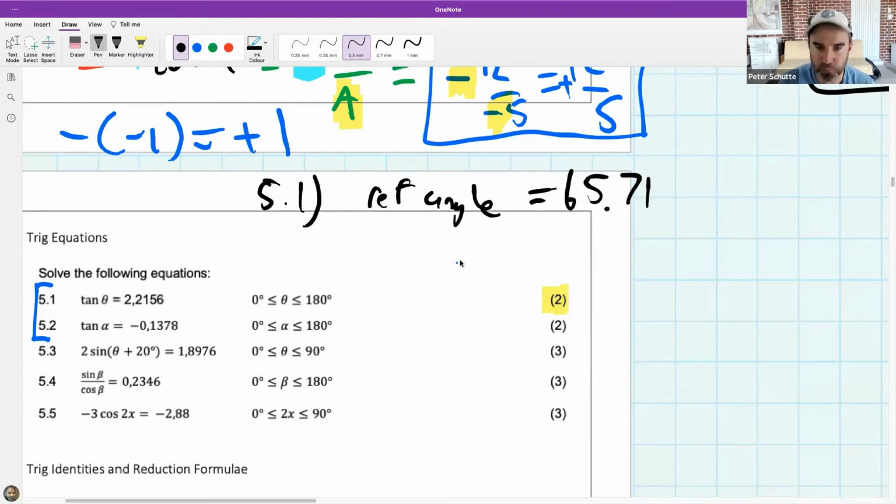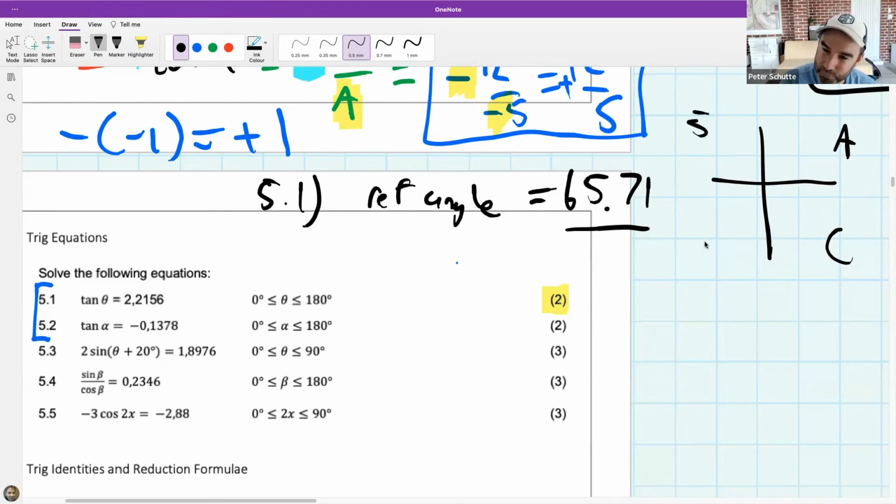Now, for today, I'm actually not going to do the general solution. It's actually easy for this one over here, because you can see my solution is 65.71. Normally we would use something called the CAST diagram, and we ask ourselves, in which quadrants is tan positive?